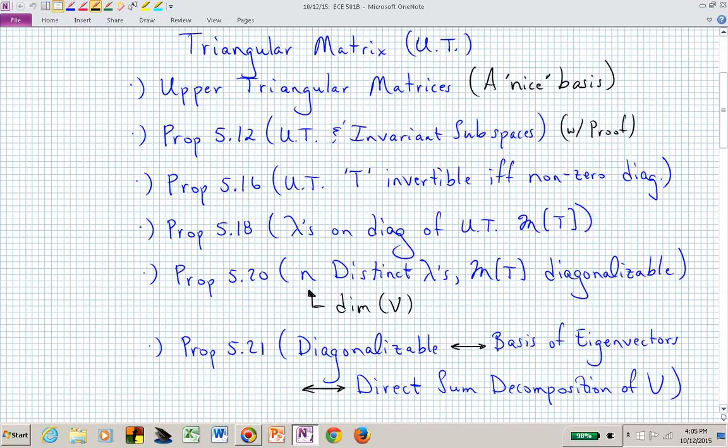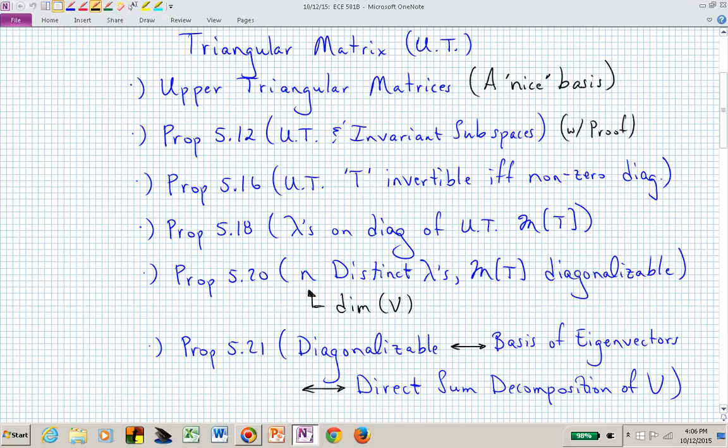And the last proposition that I've outlined in our list of goals, proposition 5.21, starts to talk about this equivalence relationship between these different facts. Is a matrix diagonalizable? If it is, then your eigenvectors, all of your eigenvalues can be used, or those form a basis.